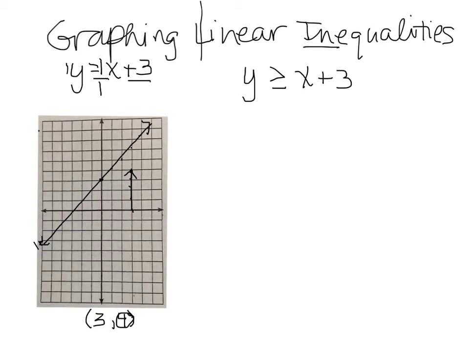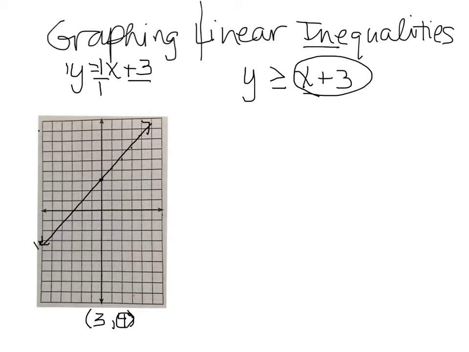So y of 4 means I'm going up 4. The reason why that matters is because I'm not just looking for the y's that equal x plus 3. I'm looking for the y's, all of the y's, that are greater than or equal to x plus 3. We've got the equal to covered with the line because that is the graph of y equals x plus 3.